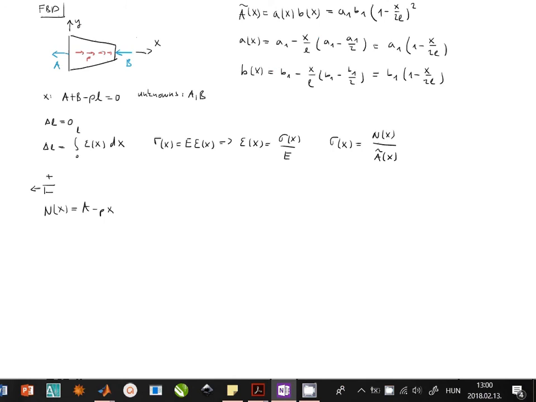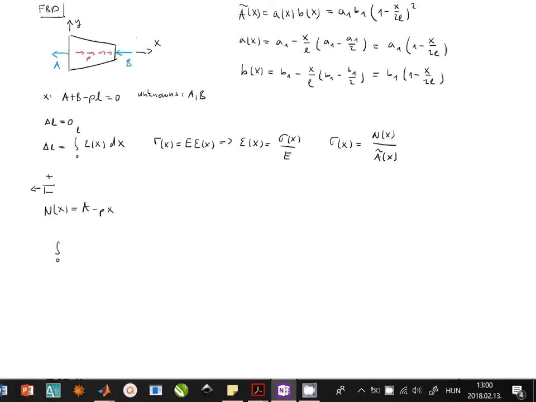And then we can bring all the formulas together, so we can take this N and A tilde, put it into sigma, we can put sigma in epsilon, and then epsilon to delta L, and then delta L to this delta L equals 0 equation. So I will write the final substitution.